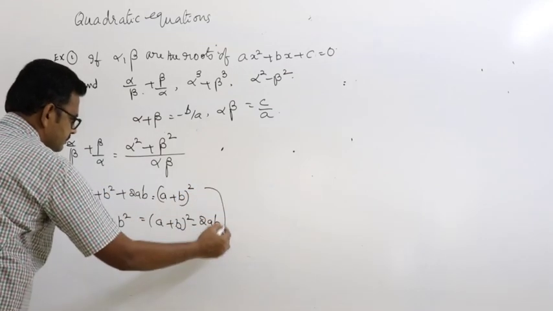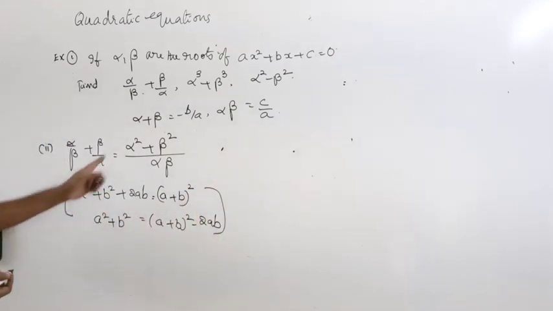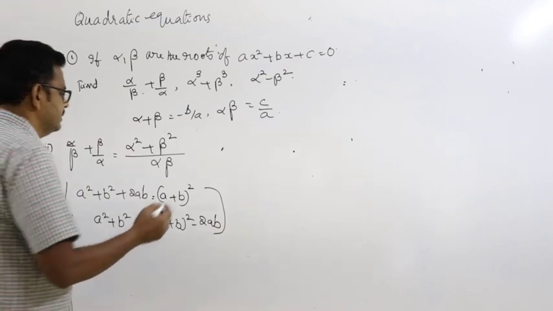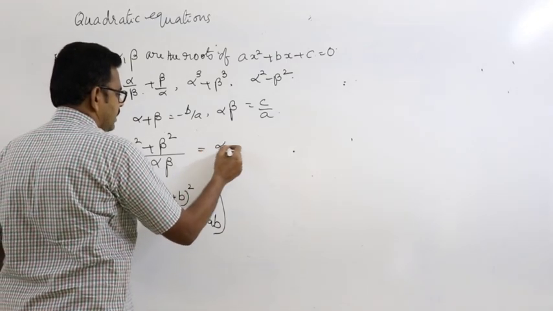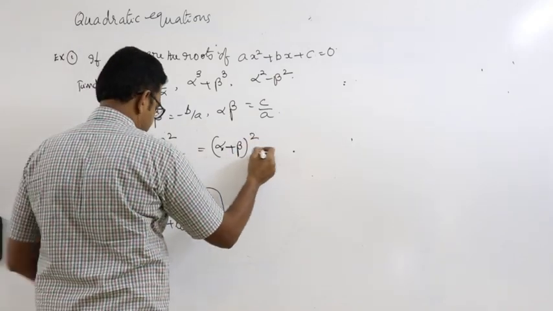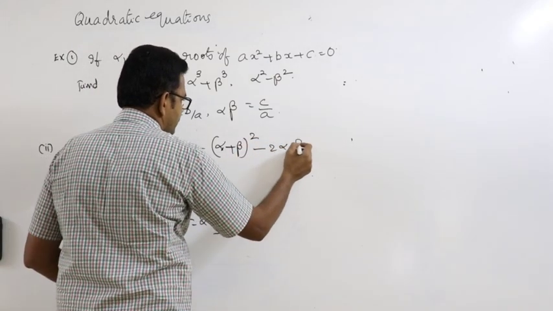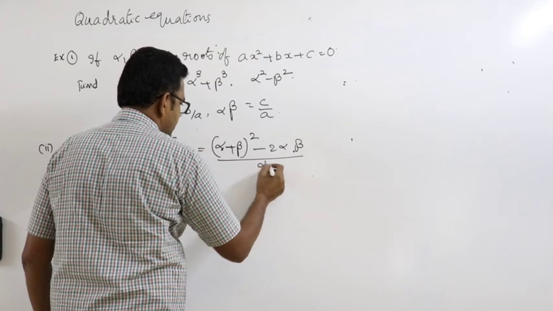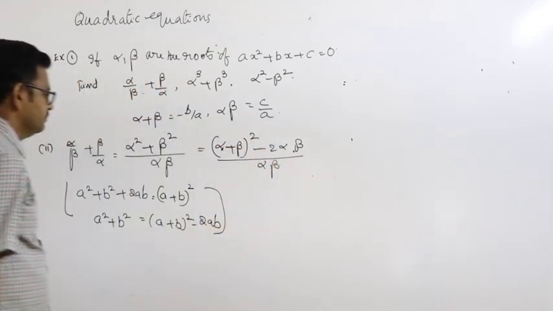By using this, alpha square plus beta square is equal to alpha plus beta whole square minus 2 alpha beta, by alpha beta.